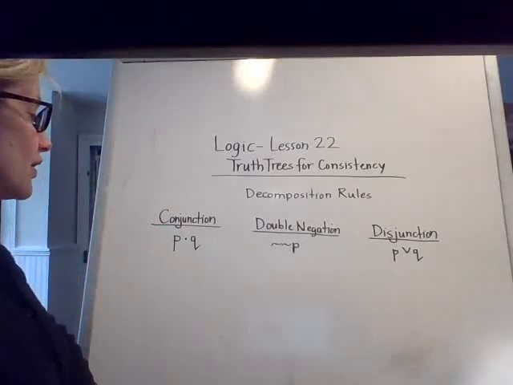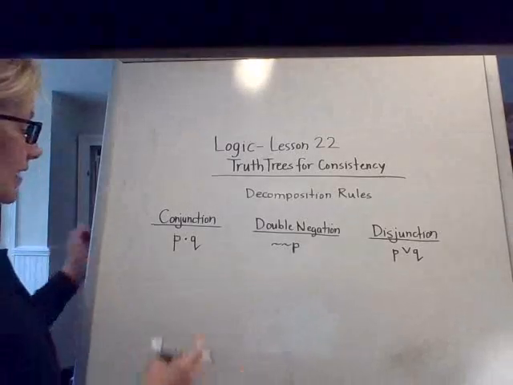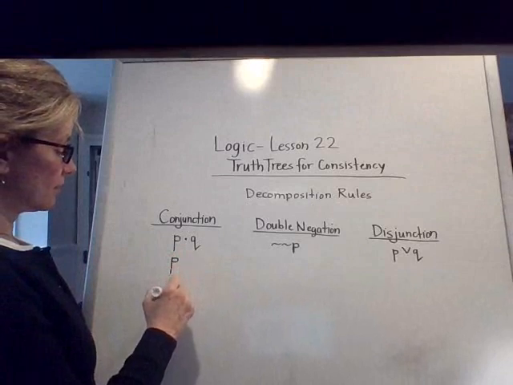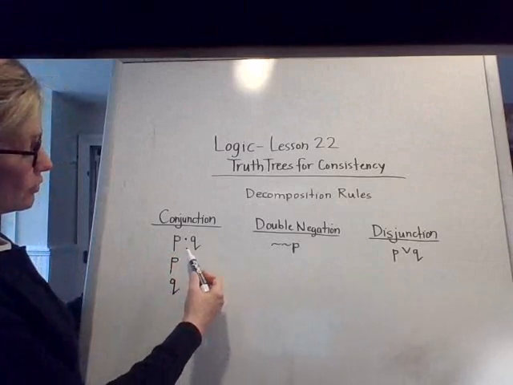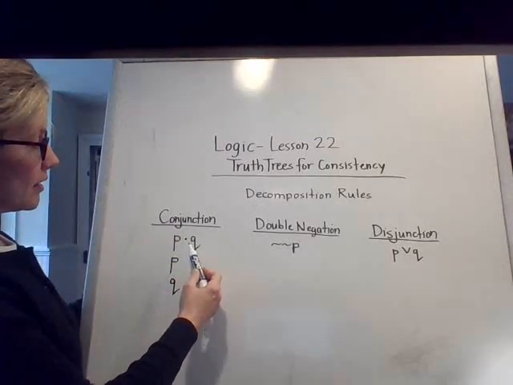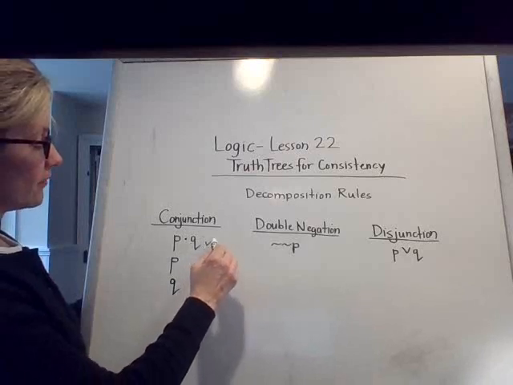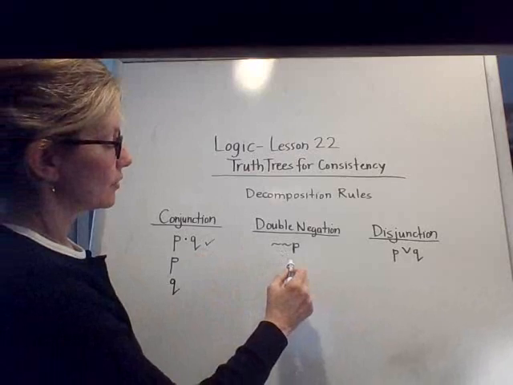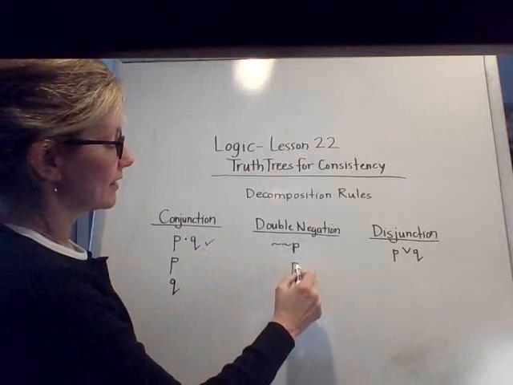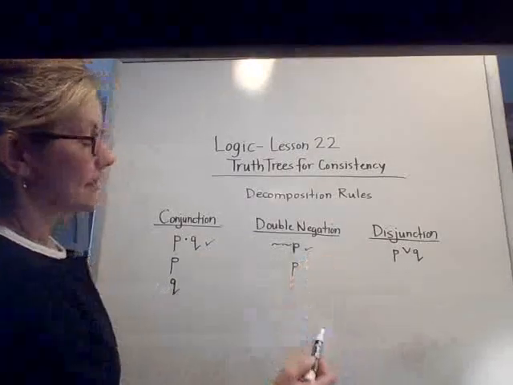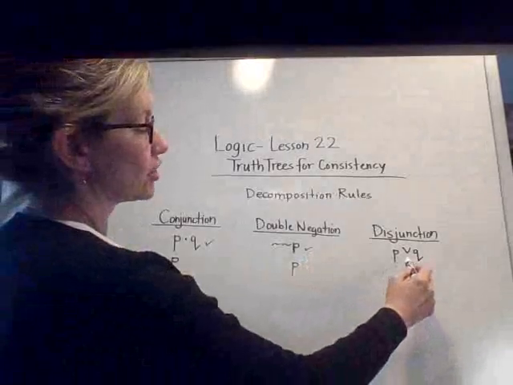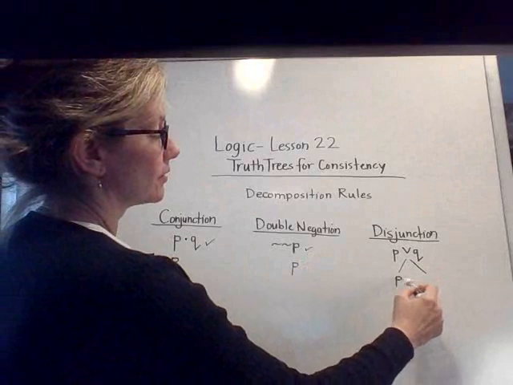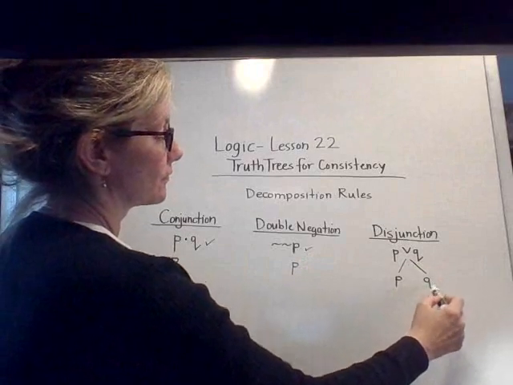The rule for decomposing a conjunction is it just decomposes into a P and a Q. And once you decompose a proposition, you want to check it off. Now, a double negation decomposes into just P. And then a disjunction branches into P and Q.